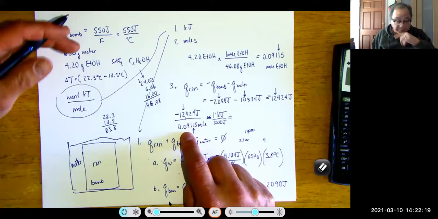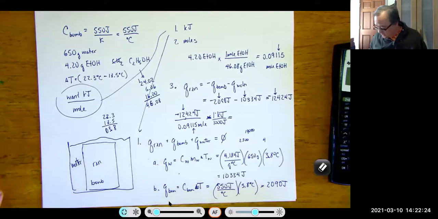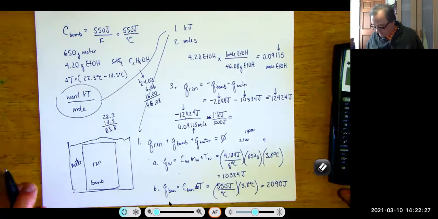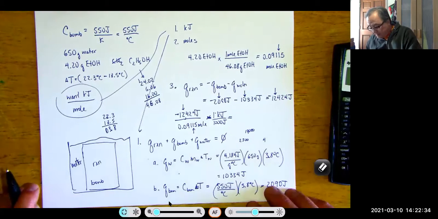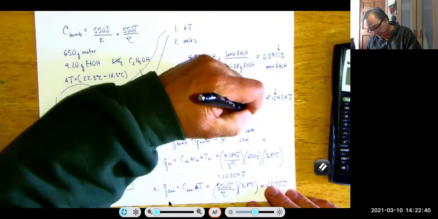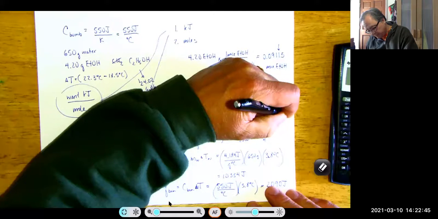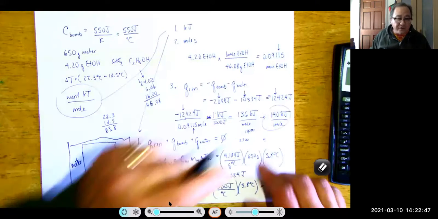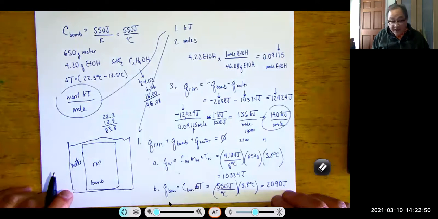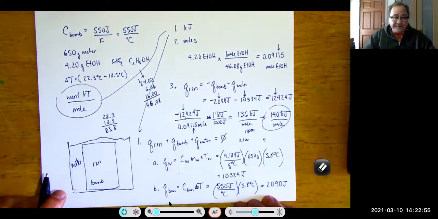So we should get an answer bigger than 120, maybe 130. Okay, so let's see what we get. So there's your final answer, 140 kilojoules per mole, not 136, because we have to round to two significant figures.